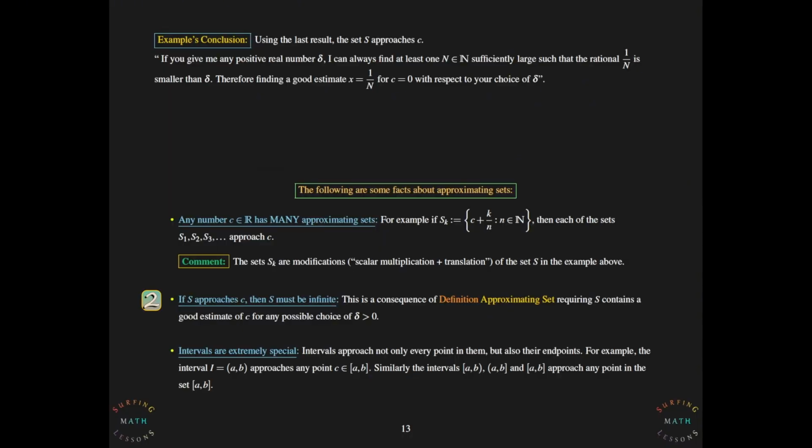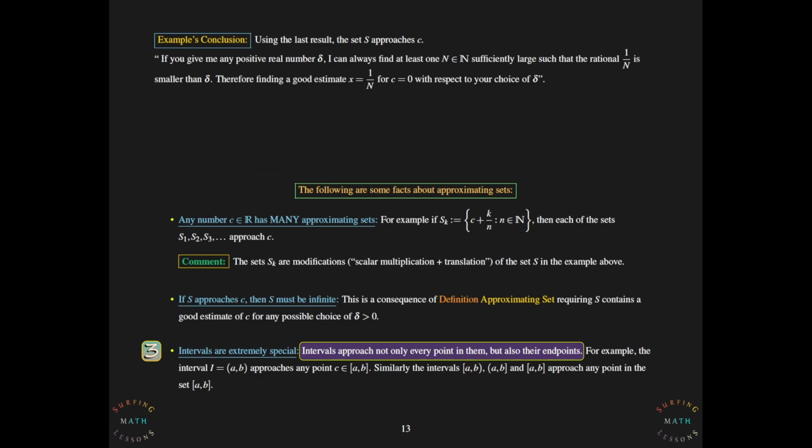That is, the approximating set must contain an infinite number of points. This is a consequence of the definition of approximating sets requiring a good estimate for every possible delta value. And lastly, intervals are special types of approximating sets. They approach every point in them and also their defining endpoints.